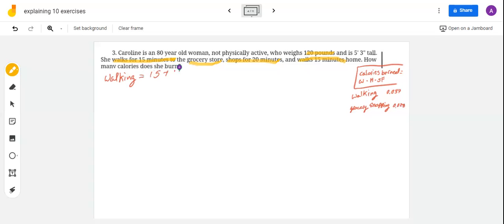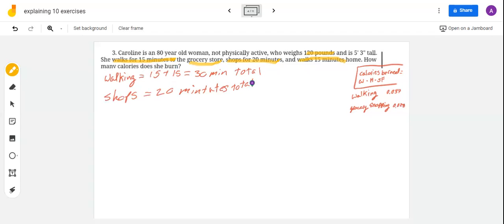So 15 plus 15 is equal to 30 minutes total. And then she shops, and that's equal to 20 minutes total.